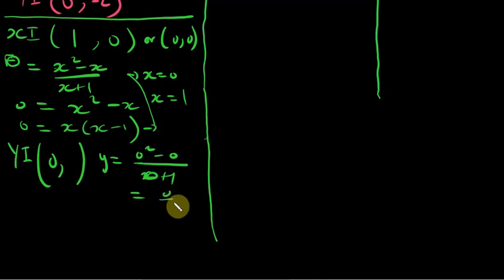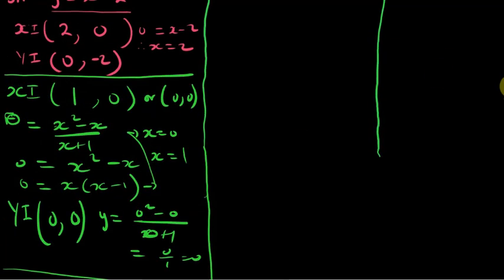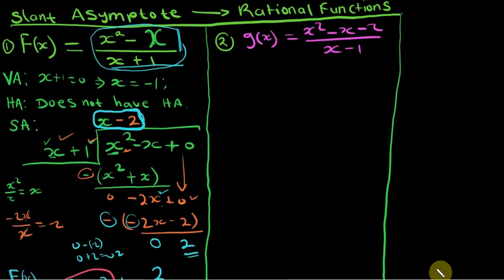So 0 minus 0, that's 0 over 1, that's 0. So 0, 0, is an x-intercept. With this, we can plot this graph. Plot, I mean sketch. We can sketch it now.